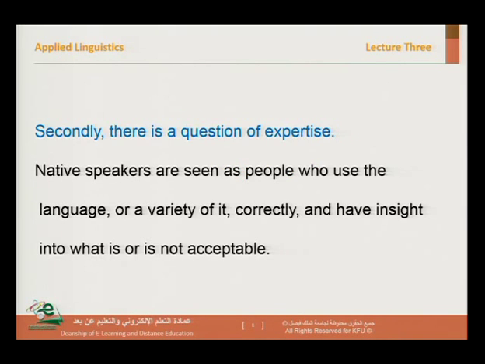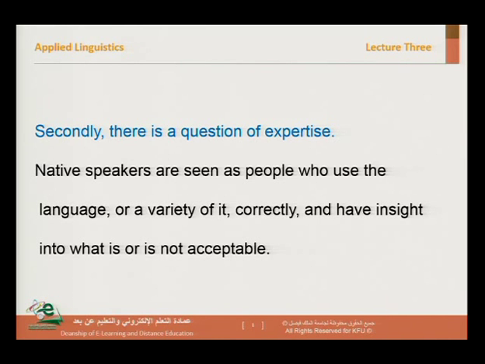Secondly, there is the question of expertise. Expertise here is a very important word. Native speakers are seen as people who use the language or a variety of it correctly and have insight into what is or is not acceptable.